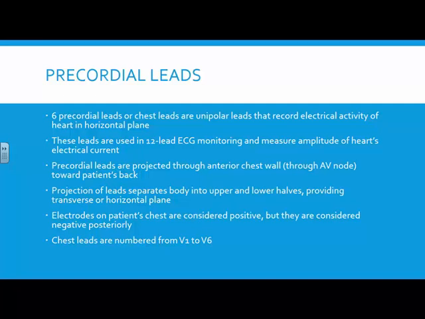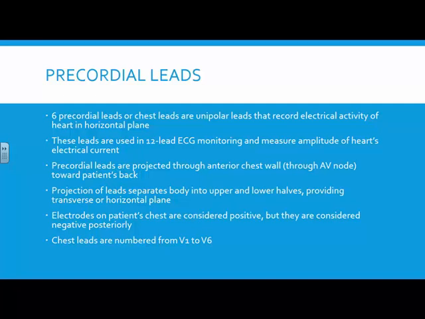But when we talk about leads, in our view of the leads, we've got our limb leads, our standard limb leads, which are bipolar leads. That's going to be leads 1, 2, and 3. Collectively, they form Einthoven's triangle. Let's quickly review.